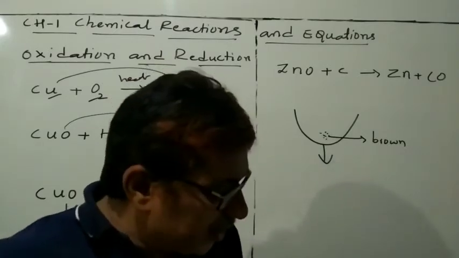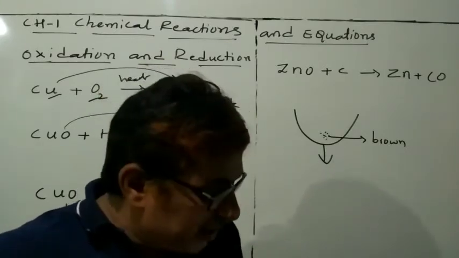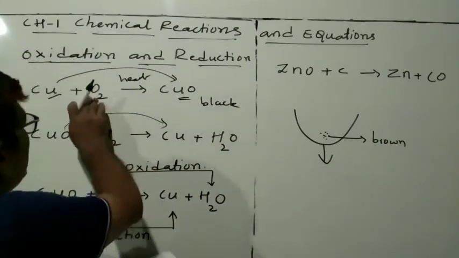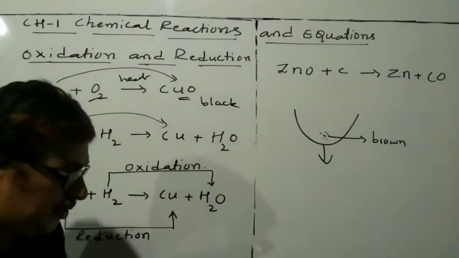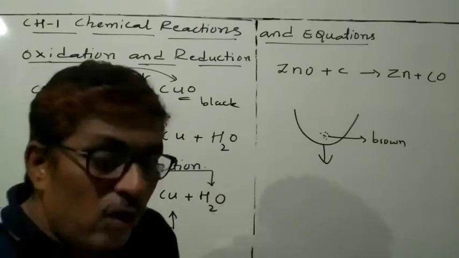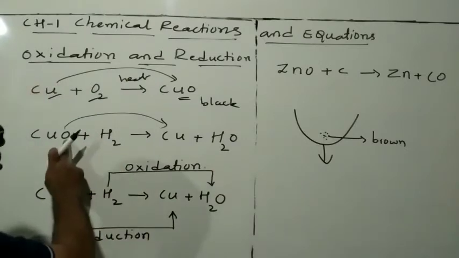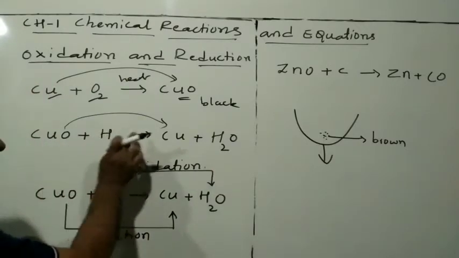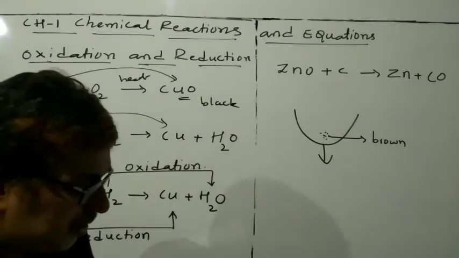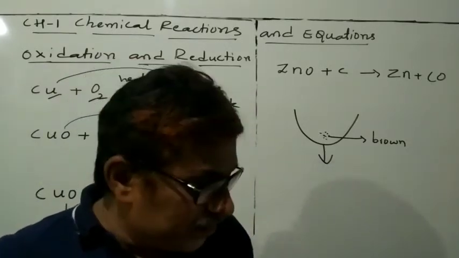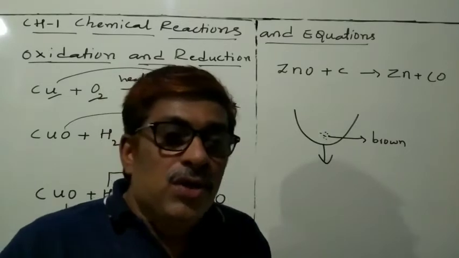So, dear students, if a substance gains oxygen during a reaction, it is called oxidized. And if a substance loses oxygen, as here copper oxide loses oxygen, this is called reduction.